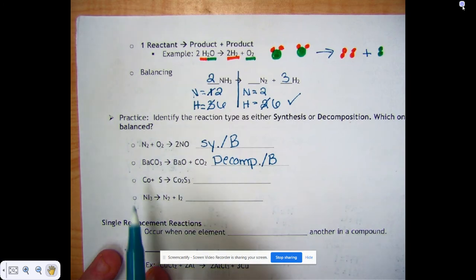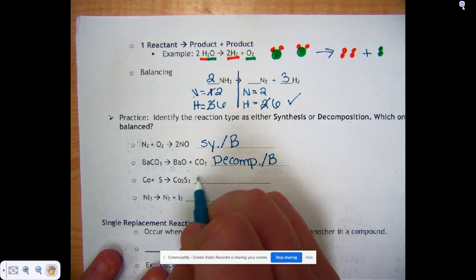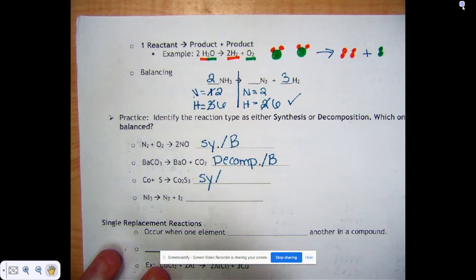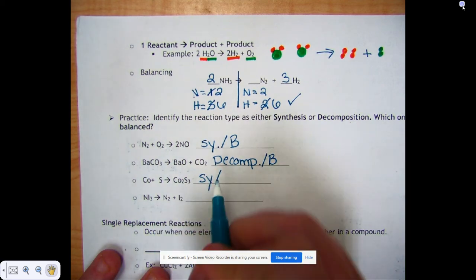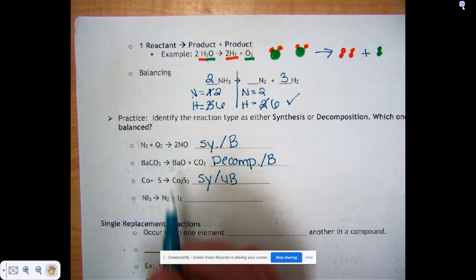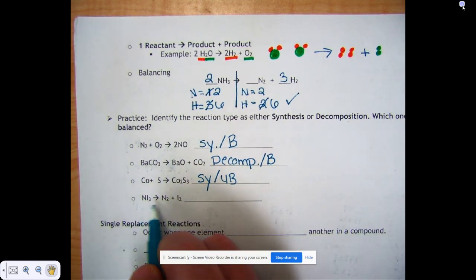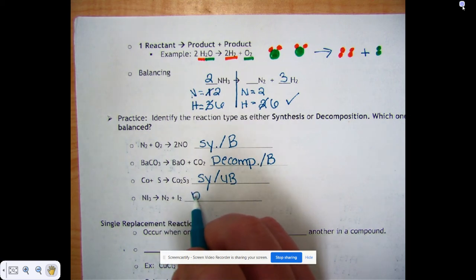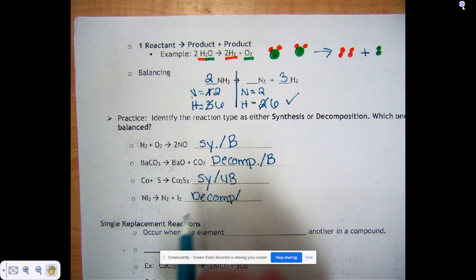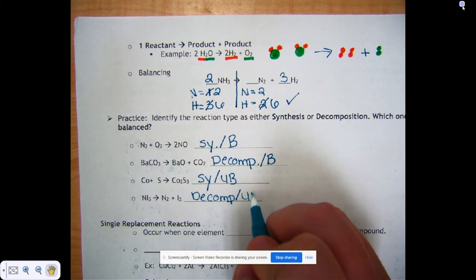All right, next one, 2 separate things to make 1 thing. This is synthesis. And very clearly, it is not balanced. So this is unbalanced. Okay, and then your last one, I start with 1, I end up with 2. This is decomposition. And this is not balanced either.